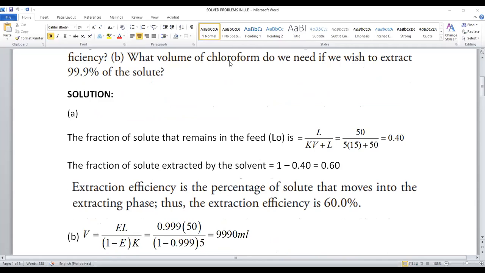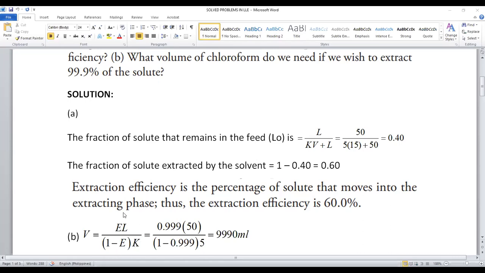What volume of chloroform do we need if we wish to extract 99.9% of the solute? Volume is equal to the extraction efficiency times the feed, divided by the quantity 1 minus the extraction efficiency, times the distribution coefficient.